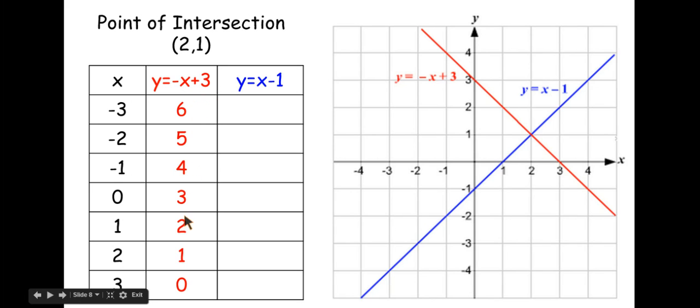And we do the same thing for all of the other points. And here we plug in our x value into this equation, and we get all of our points. And we can see where the two y values are the same. Right here, we've got 2, 1, 2, 1. So that means that 2, 1 is where these two lines will cross.